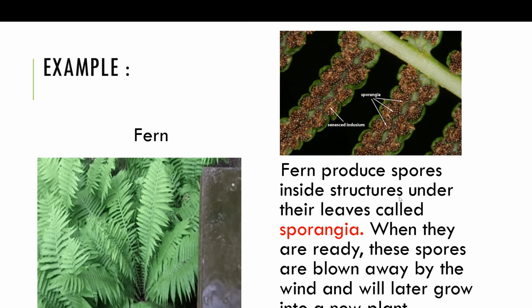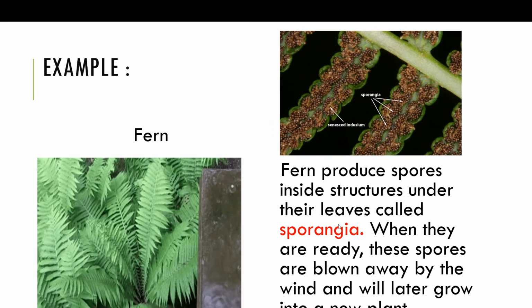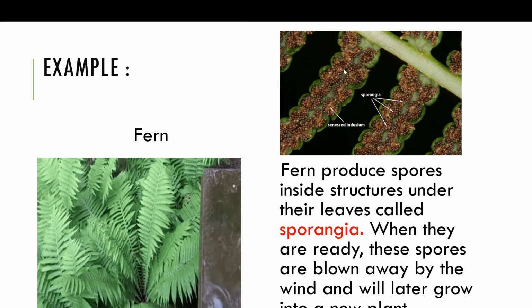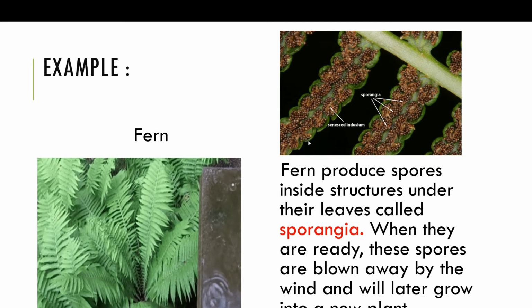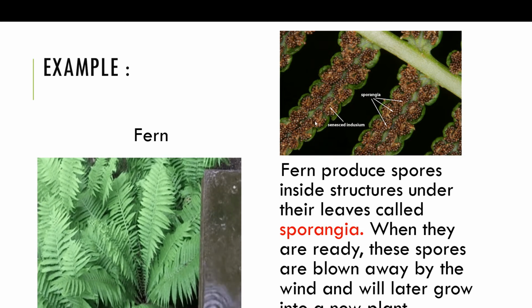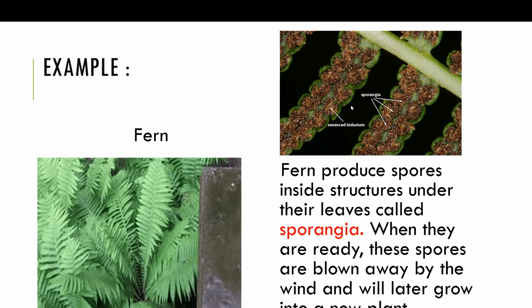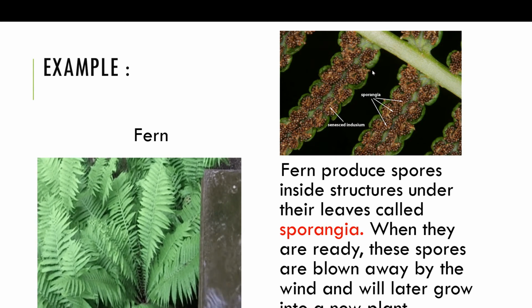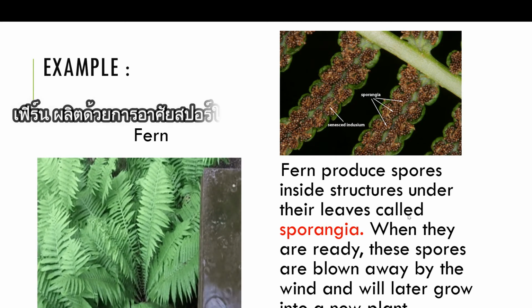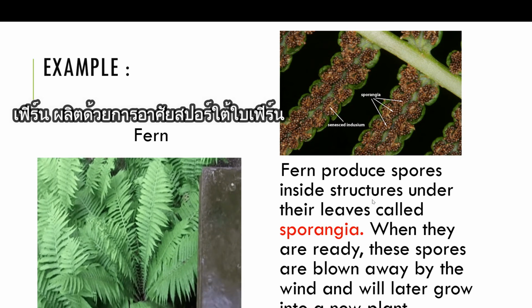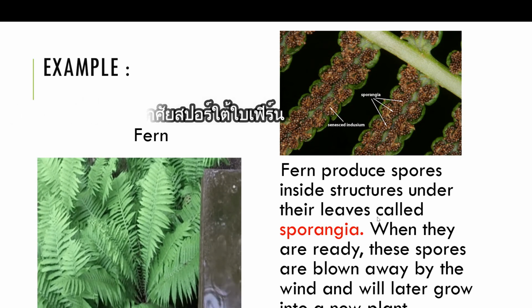A fern produces spores inside structures. As you can see, inside the leaf of the fern there are spores. They are called sporangia, found under the leaves.